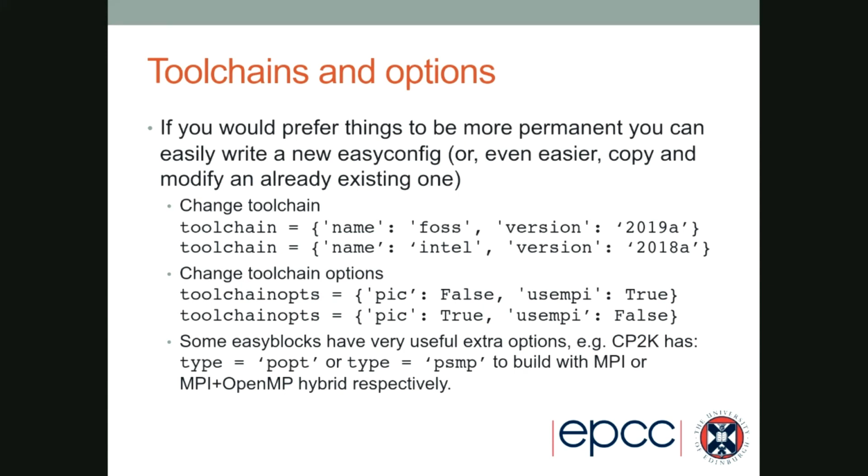To have EasyBuild build CP2K either way, you simply provide a line in the Easyconfig and set this variable type to either popt or psmp, and it will go ahead and build in that way. If you wanted to have both, then you'd probably want to have two Easyconfigs, one for each.